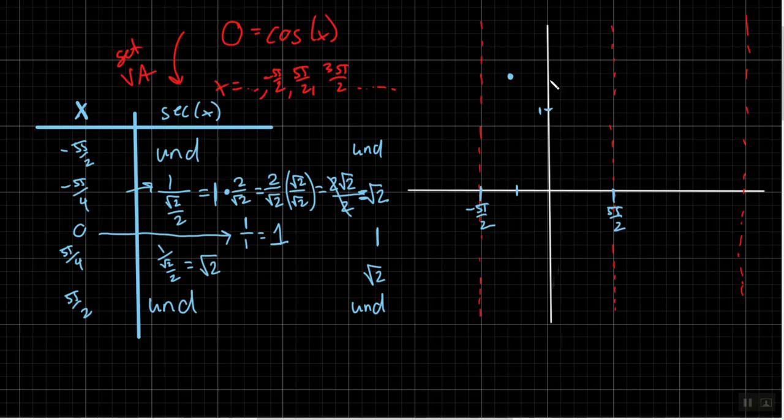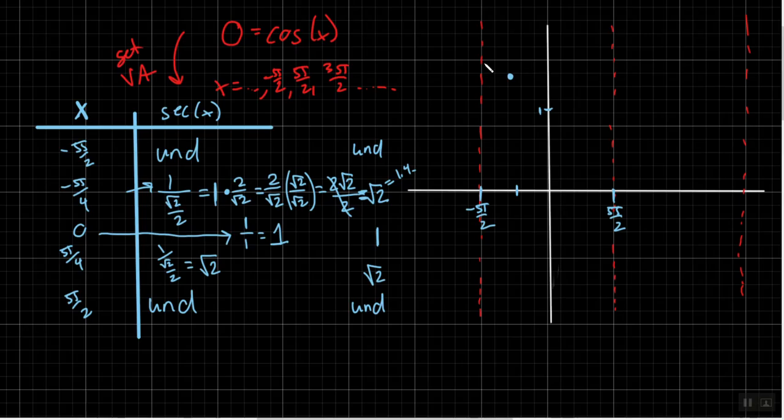So the square root of 2 as a decimal is about 1.4 something. So a little bit above 1.